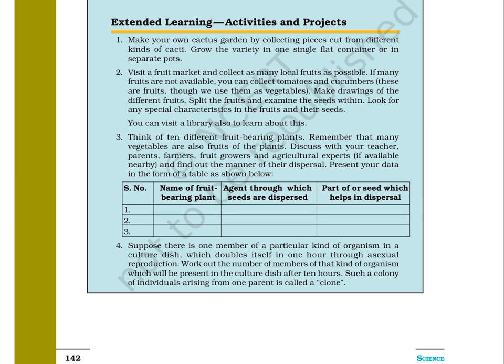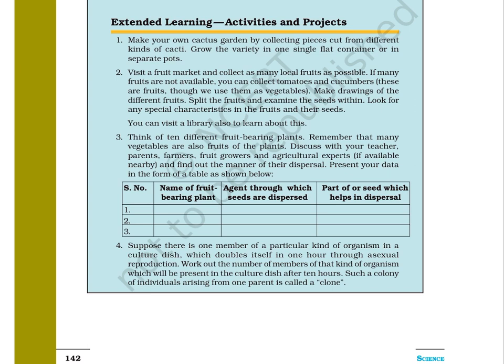In the first column, we have serial number. In the second column, you have to write name of fruit-bearing plant. In the third column, you have to write agent through which seeds are dispersed. In the fourth column, you have to write part of fruit or seed which helps in dispersal.